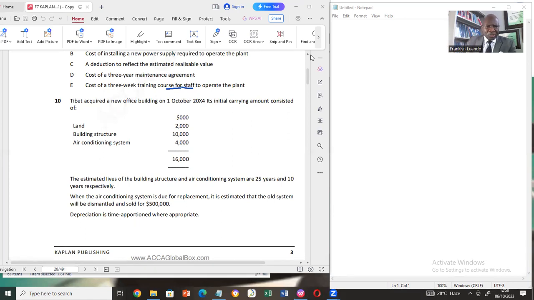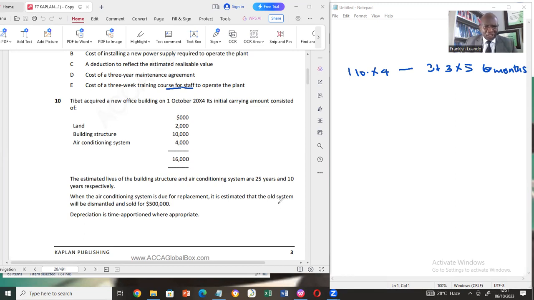Therefore, from 1 October X4 to 31st March X5, the period is 6 months. Depreciation will be based on 6 months.